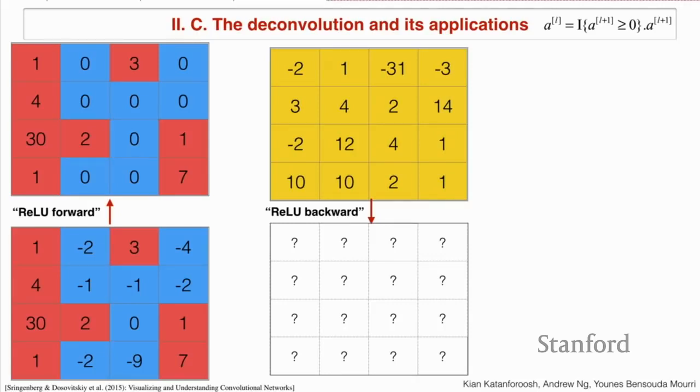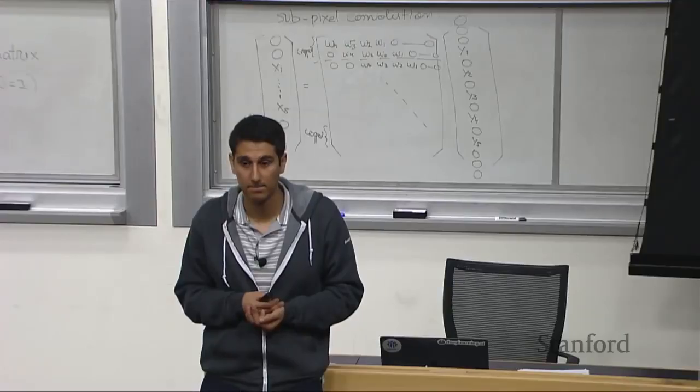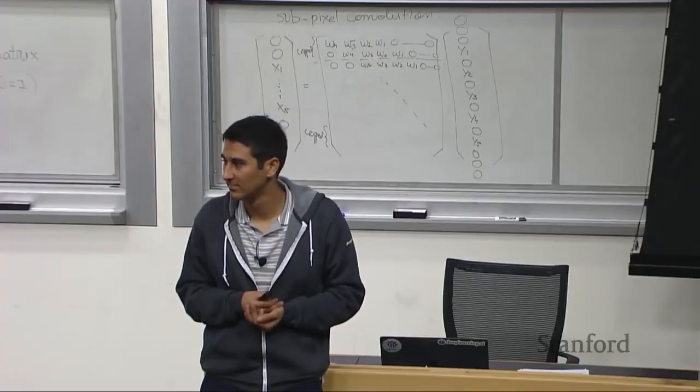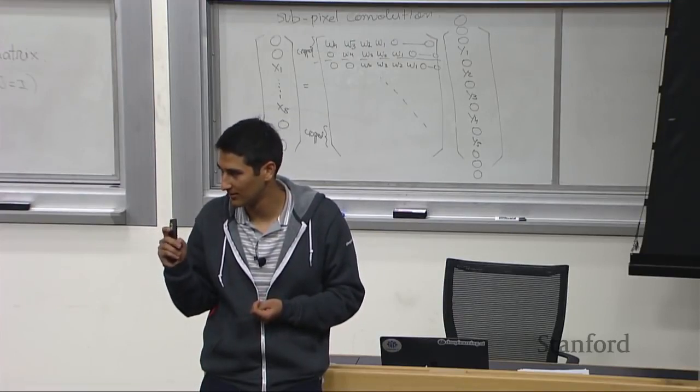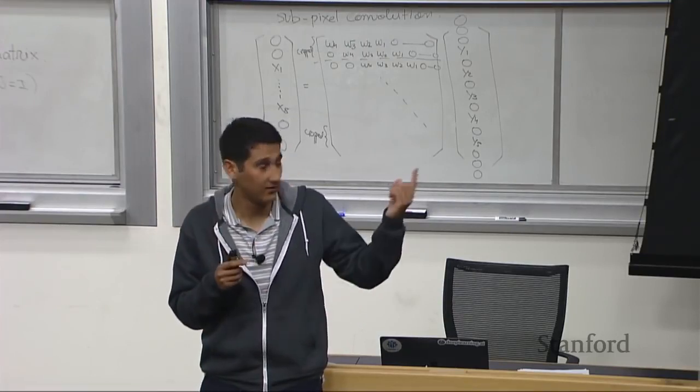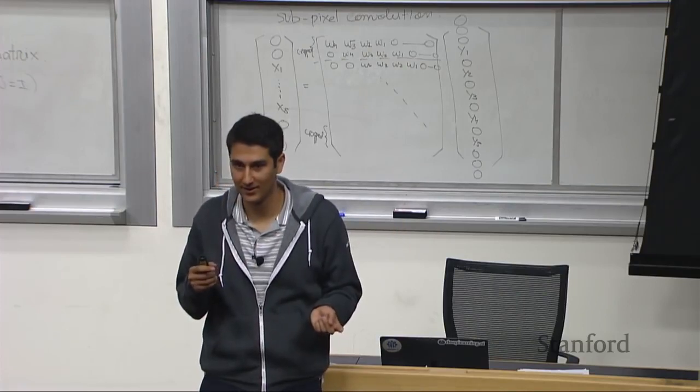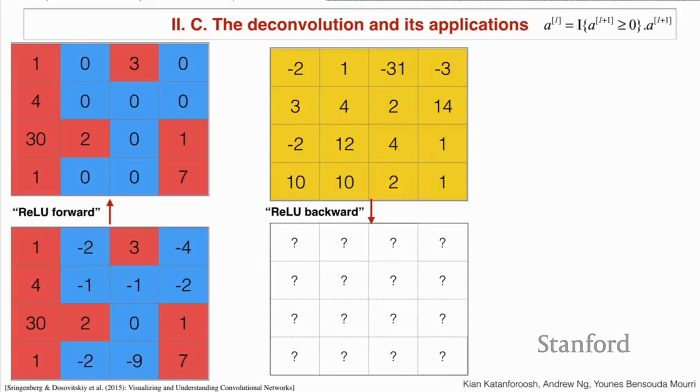How does the ReLU behave in back prop? Zeros? Which ones are zeros? Negative. The negatives are zeros? Do you agree? The negatives in this yellow matrix are going to be zeros during the back prop? Are you guys sure?